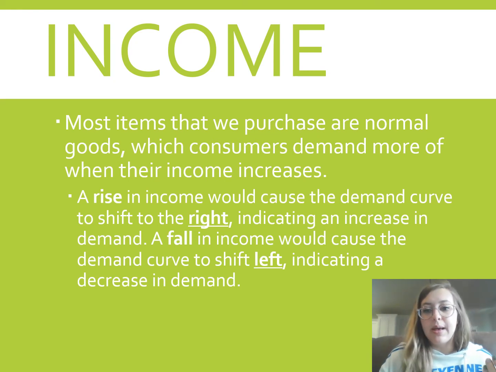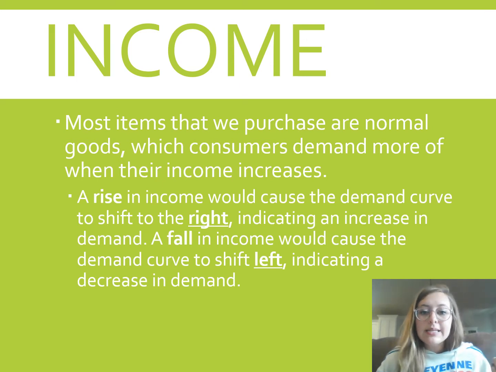So what impacts that? I gave you that TIMER acronym, but I want to go over a few of these more in depth. So first we have income. That was the I in TIMER. So most items that we purchase are normal goods, which means we're going to demand more of them when our income increases.